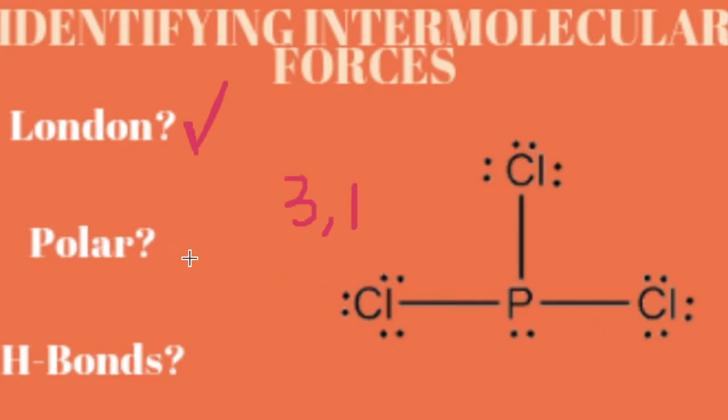And that means that it is in fact polar because 3, 1 is indeed polar. And we know there's no H bonds because there's no hydrogen at all involved in this whole entire molecule, let alone hydrogen being bonded to F, O, or N. So this is just it. It's London and polar.